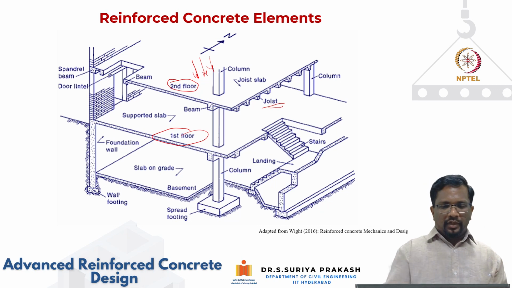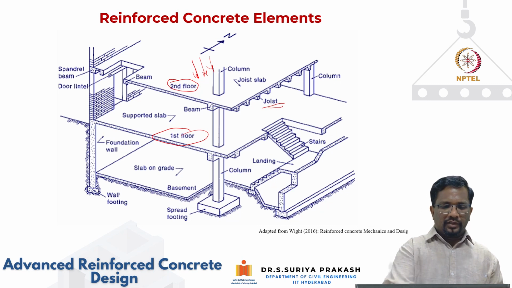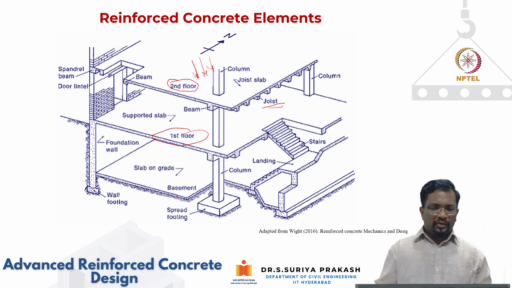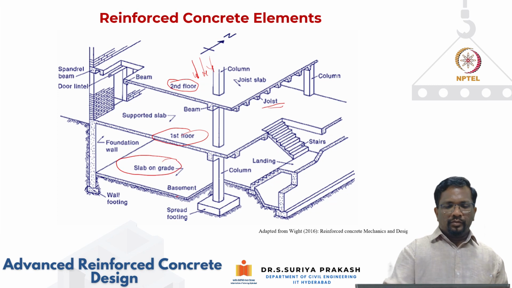So these are the two examples where you can see the various elements. In the basement, I think, you see here the slab is supported directly on the soil. That's why we call it a slab on grade, because the loads are directly transferred to the soil.